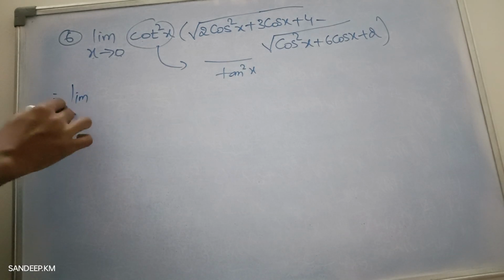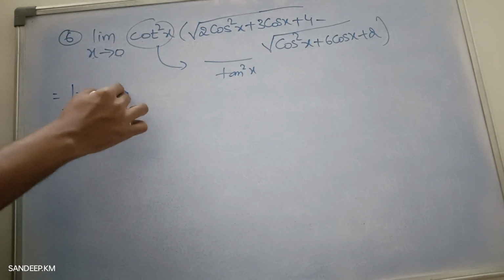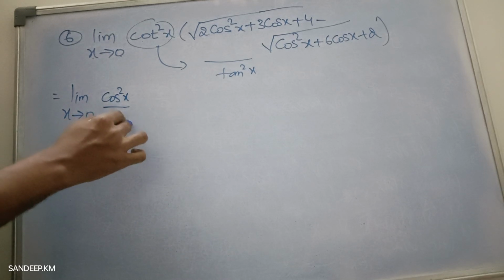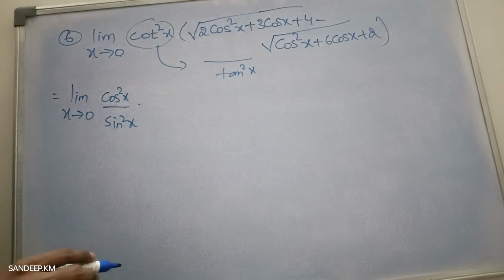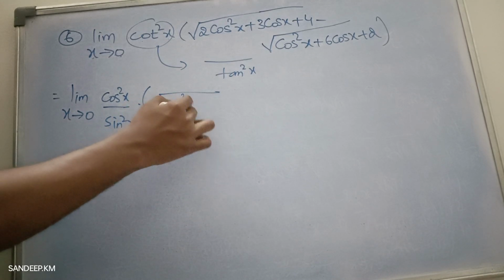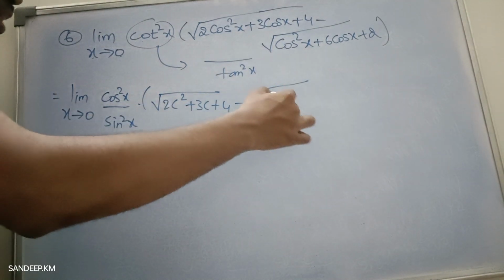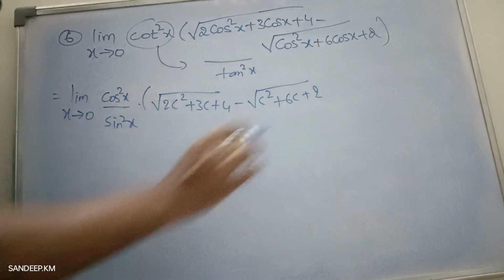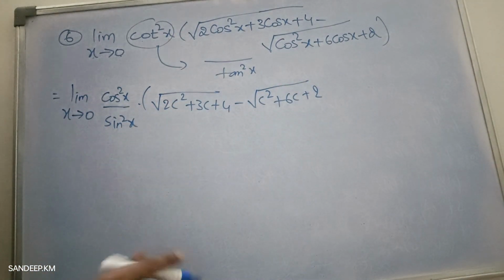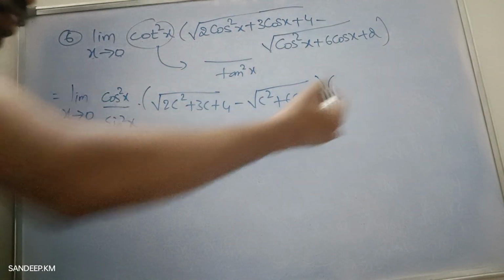Limit x approaches 0. What I am going to do is write cot square x as cos square x by sin square x for some time into, okay, let me write it as under root of 2c square plus 3c plus 4 minus under root of c square plus 6c plus 2, where c means cos x. So to rationalize this, I will multiply with its rationalizing factor.